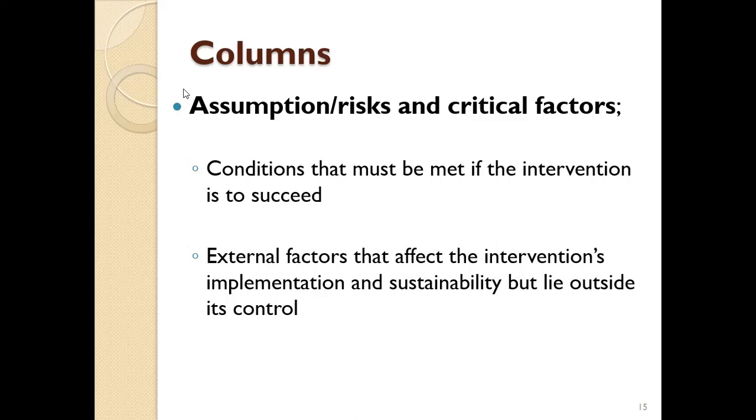So it's very important that those particular assumptions and risks are listed under each results chain phase. Okay, so you'll have assumptions for achieving outputs, assumptions as conditions for achieving outcomes, and so on.